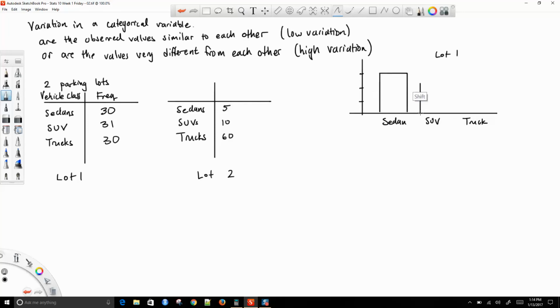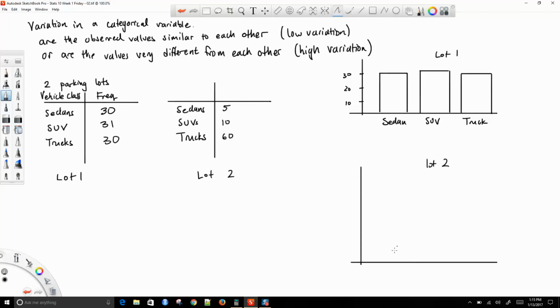The bar chart looks kind of like this. And then for lot 2, we have sedans, SUVs, and trucks again.